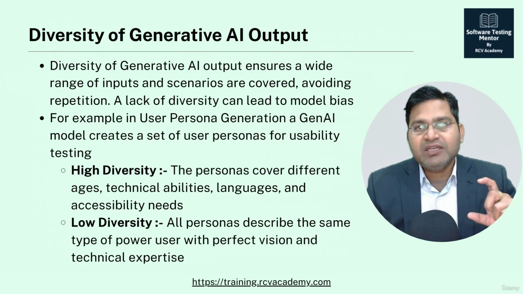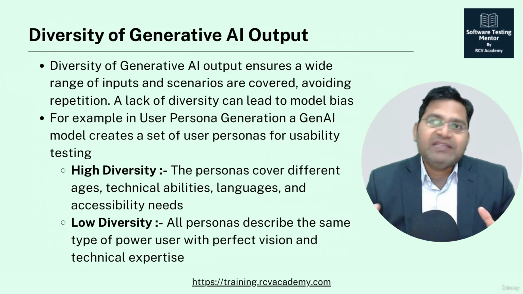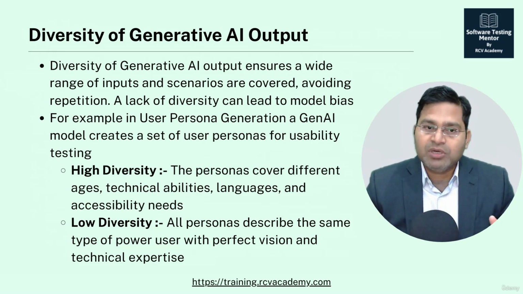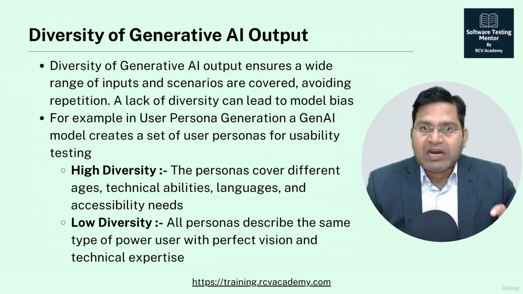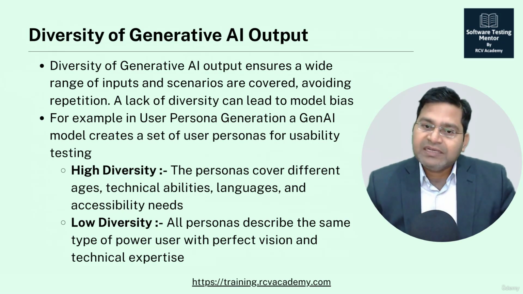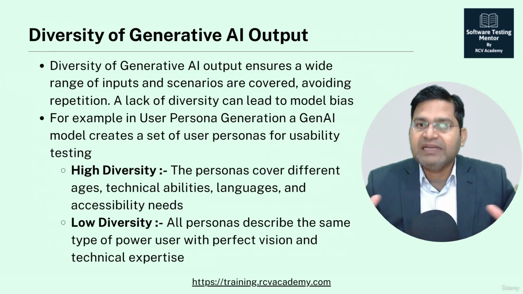For example, if we say user persona generation by the GenAI, you are trying to create the test data for user persona for usability testing. Now, high diversity output by the GenAI will be that the persona covers different ages, technical abilities, language, and accessibility need. So that's the data that you will see that it's a high diverse data.